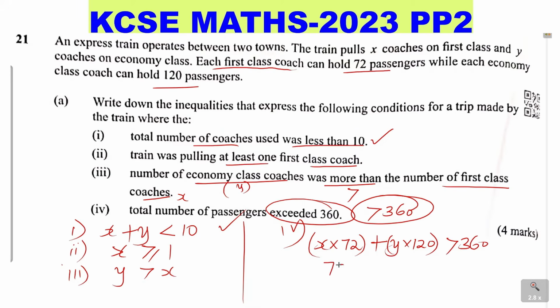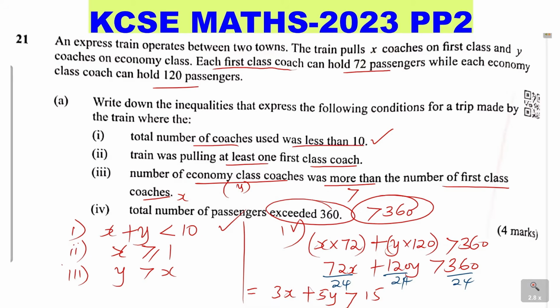Simplify these, you get 72x plus 120y should be greater than 360. So you can simplify these by dividing everything by 24. You can see all the terms are divisible by 24. And when you do that, this is what you're going to get. So you'll get 3x plus 5y should be greater than 360 divided by 24, this will be 15.